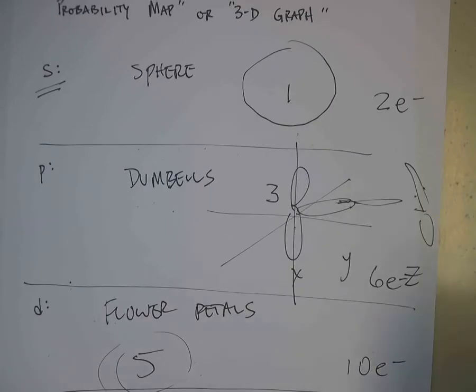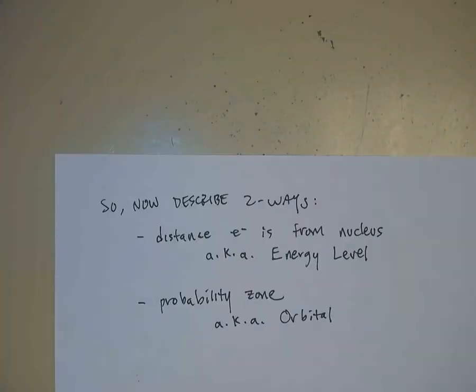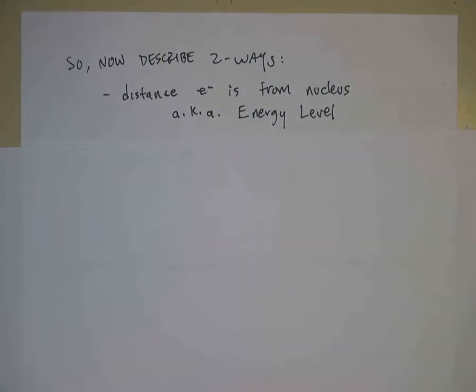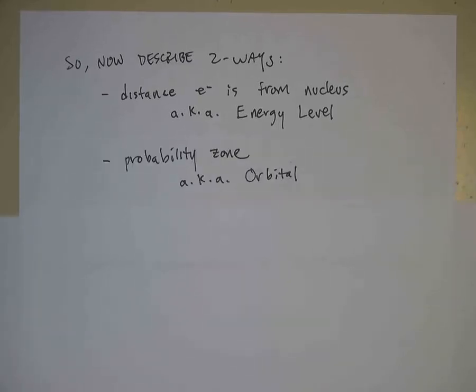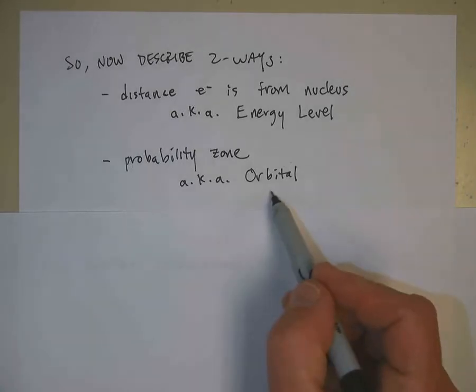So now we can describe these orbitals in 2 ways. We can describe the orbitals in terms of distance the electrons are from the nucleus, also known as the energy level that those orbitals are in. And then we can also describe them in terms of the specific shape that we just talked about, the orbital.